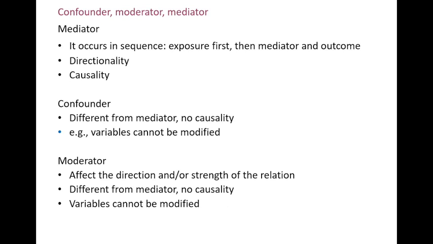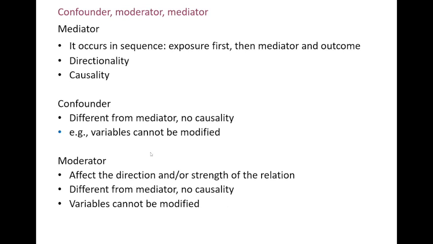And this all depends on the analysis and objective of the research question. So in certain types of analysis or research question, the variable might be the confounder, but in some other analysis may be moderator.